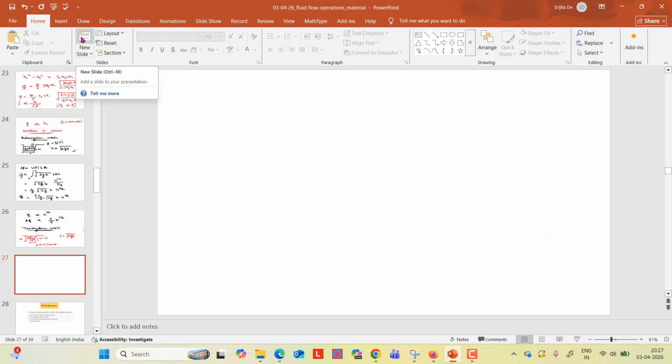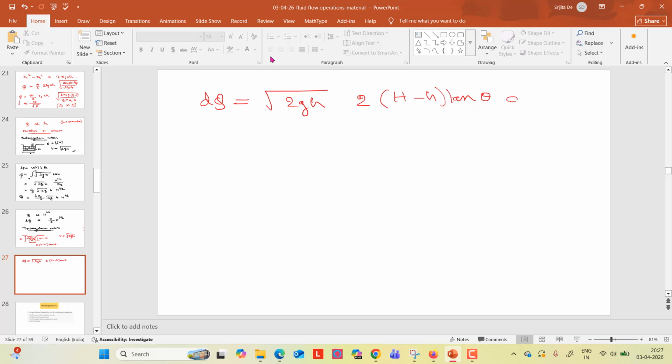Now if we want to calculate this dq again, dq will be V, that is root over 2gh, into the width, which is now 2 into H minus h tan theta, dh, right?